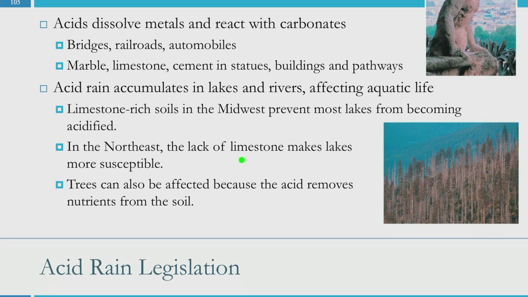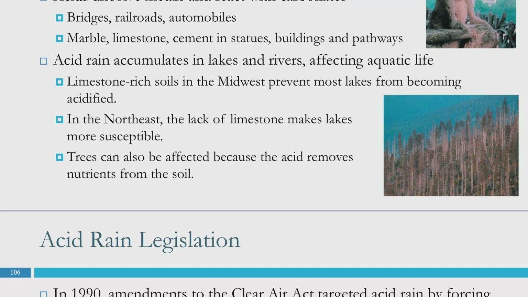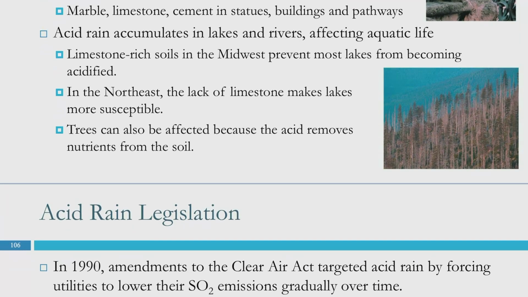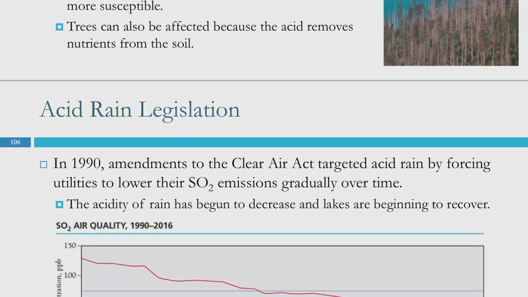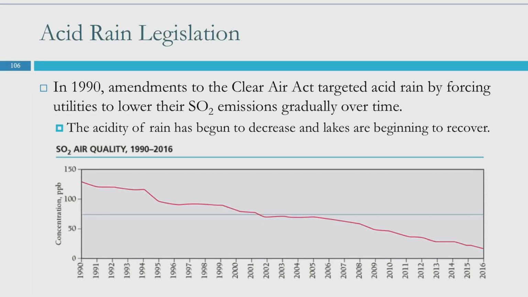They also have a lack of limestone. Limestone can act as a buffer against the change in pH. And it can also kill trees. I'm not sure if this slide is supposed to say Clear Air Act or Clean Air Act, but regardless, there were some amendments made to an act in 1990 that targeted acid rain by forcing utilities, power companies and such, to lower their sulfur dioxide emissions gradually over time.